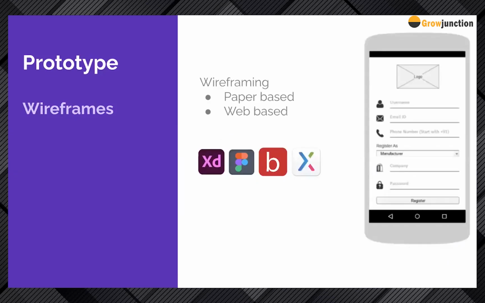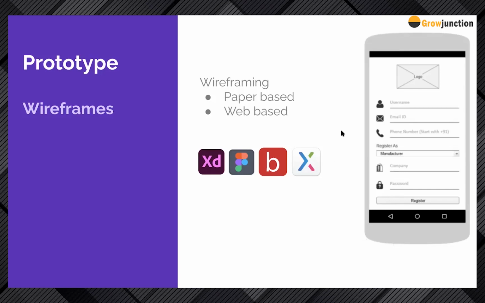The next is wireframing. Once we have the information architecture and user task flow, we can do wireframing. As a product manager, it is fine if we do wireframing to this level also. Till now, I have mostly interacted with the developers in my team through paper-based wireframing also.